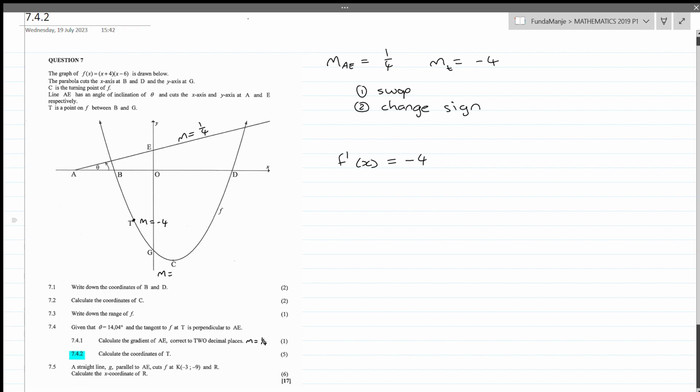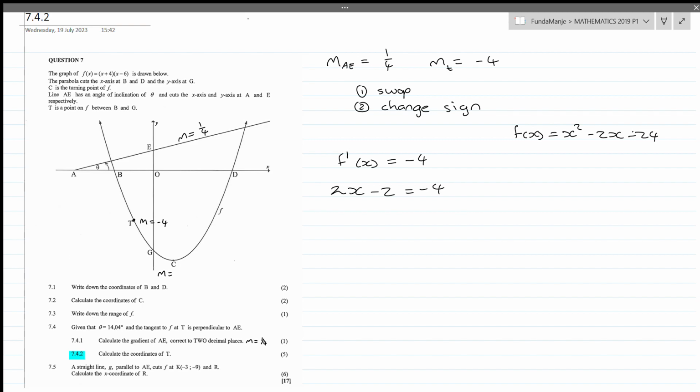Our equation originally, f of x, was x squared minus 2x minus 24. So its first derivative is going to be 2x minus 2 equals -4.